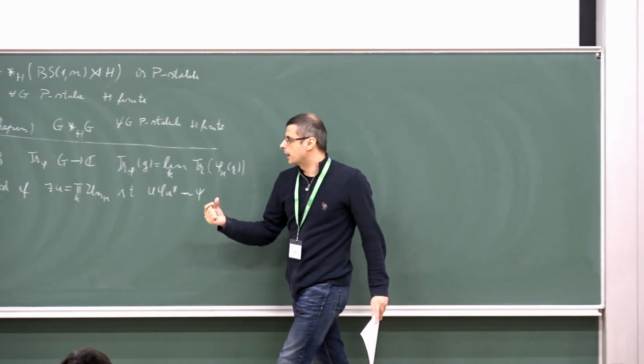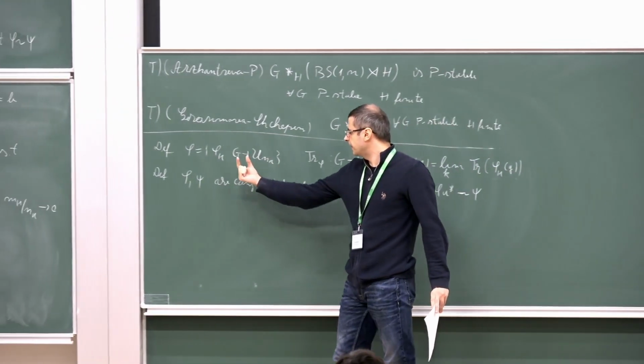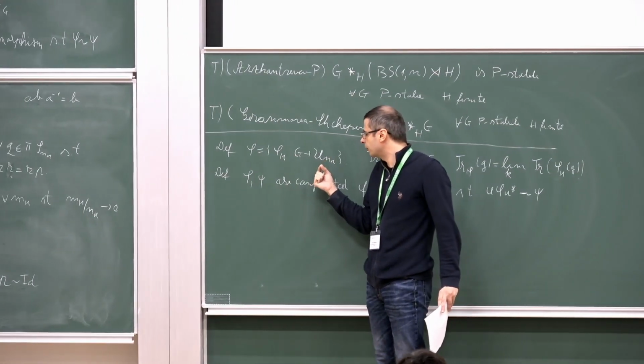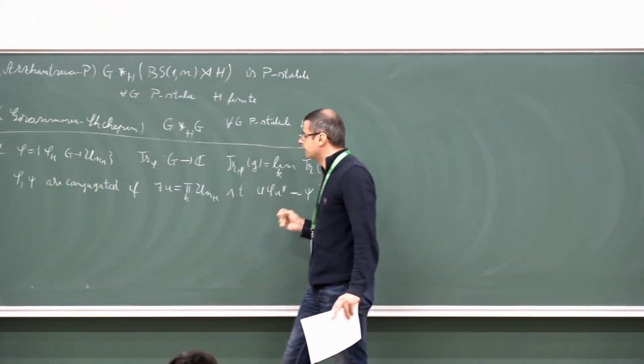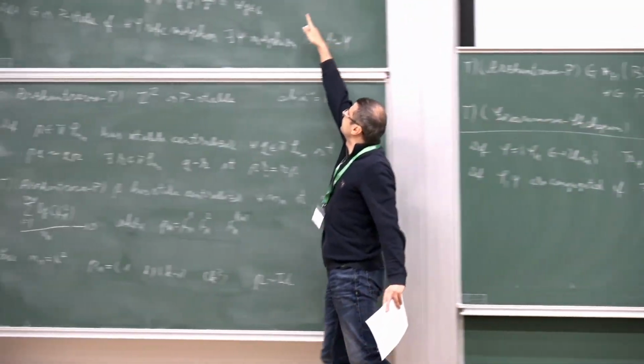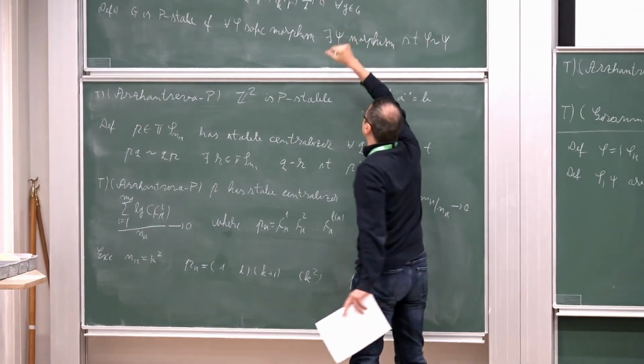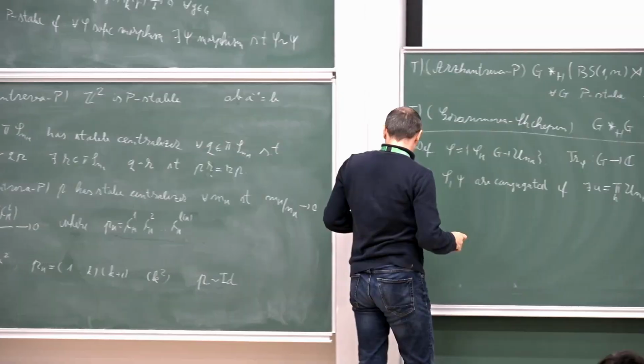So conjugate one with a sequence of unitary matrices to get another hyperlinear morphism, and you want them to be conjugated according to this definition. Replace Hamming distance with Hilbert-Schmidt.